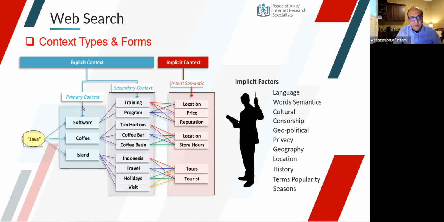So let's suppose in primary context, we have the words software, coffee, and island. So there are these three. This is a choice. Right now, I'm just showing you a choice of what might happen, and where we are going to turn this query into a more meaningful query. We are going to add another context, which we call secondary context.